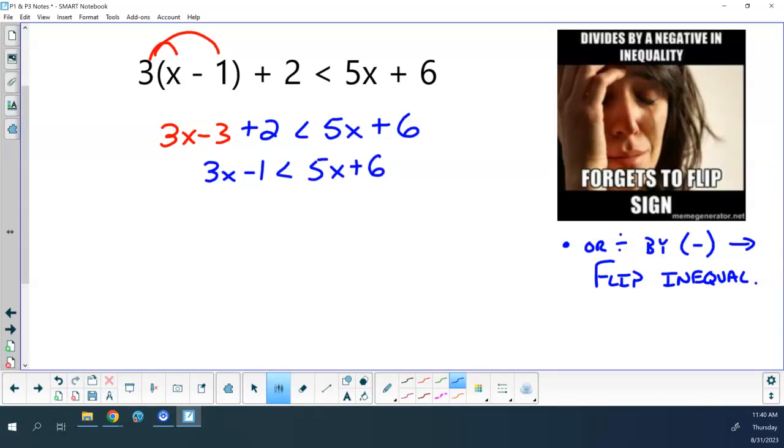So go through, distribute, combine your like terms. That's all great, grand, and wonderful. I'm going to add 1 to both sides. I'm going to subtract 5x from both sides. That's going to give me negative 2x is less than 7.